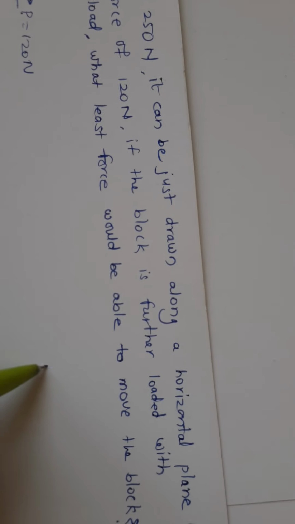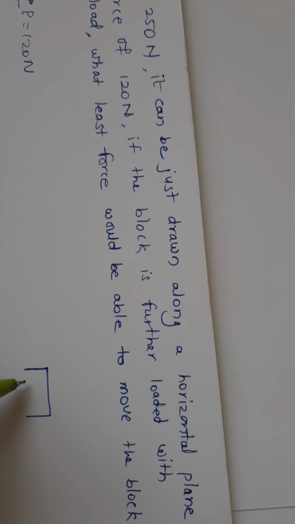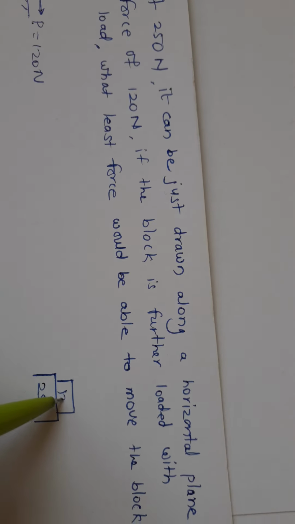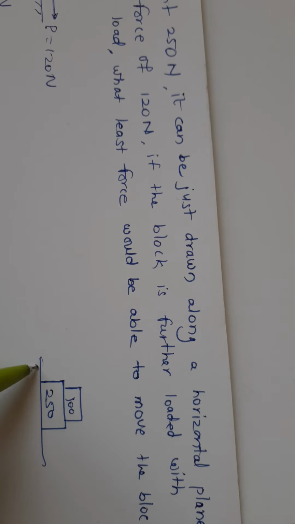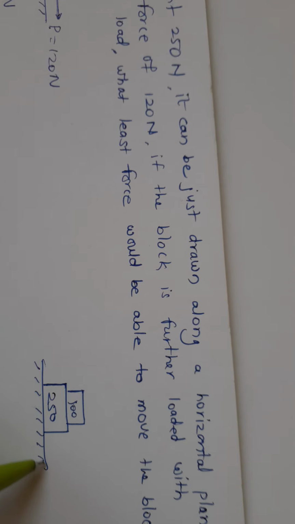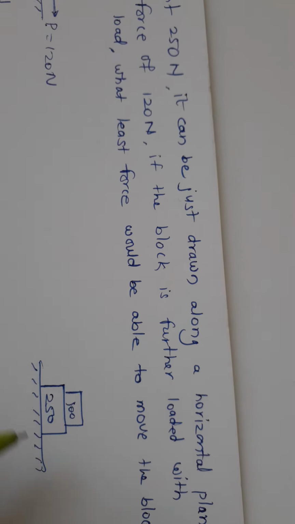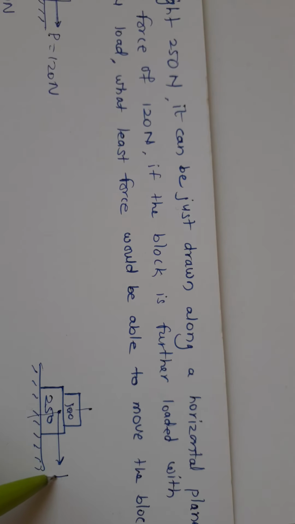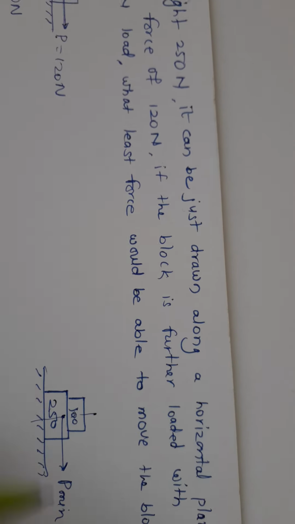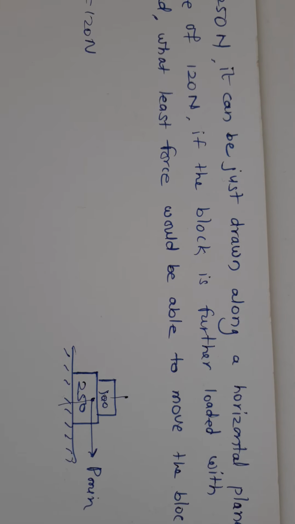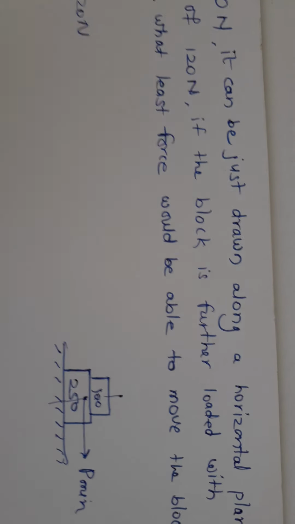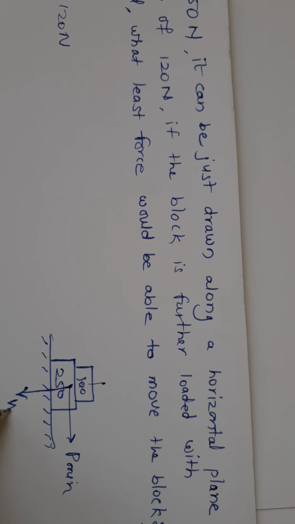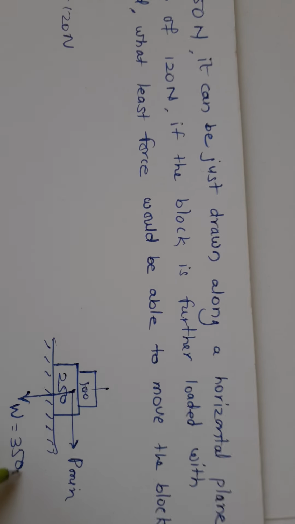The original block is of 250 Newton. We have to find the least or minimum force applied to move the assembly of these two blocks. The total weight of these two blocks in downward direction will be 250 plus 100, that is 350 Newton.